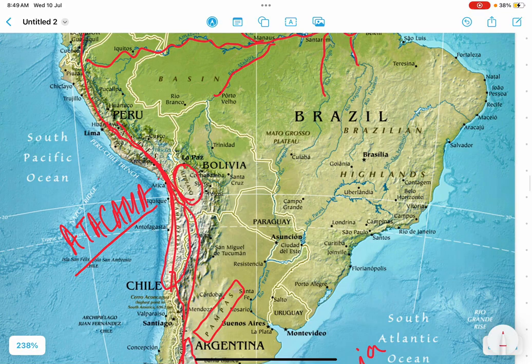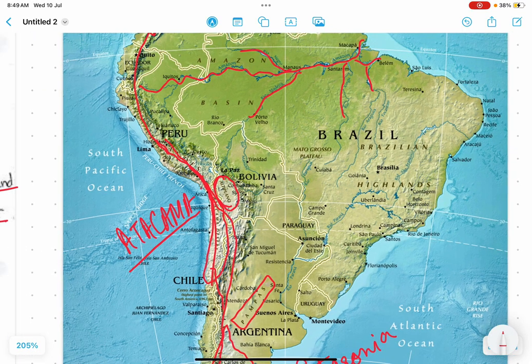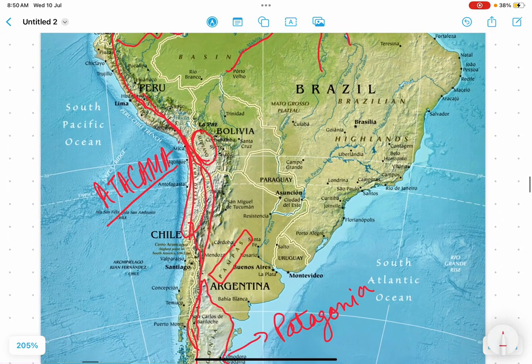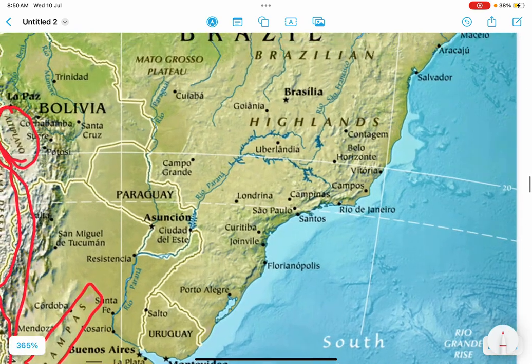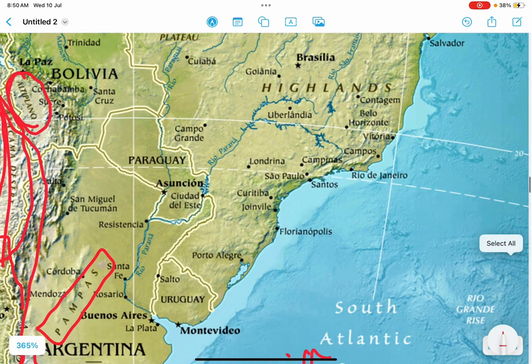You can see Rio de Janeiro right here. So you should remember that this is Tropic of Capricorn. It is right here, Tropic of Capricorn. And you can see Rio de Janeiro is above Tropic of Capricorn.